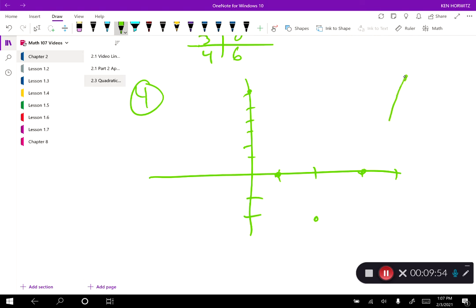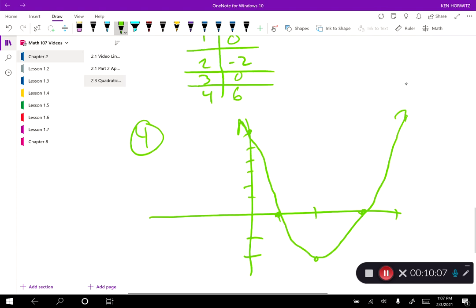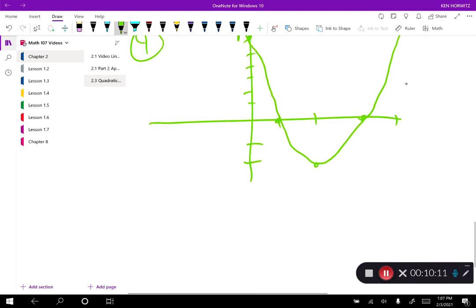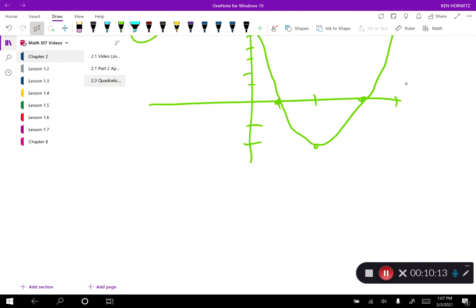And then you come down. Do the best you can. I am not the greatest drawer. But you notice that I have all the appropriate work to show all of my points. All right. It is a more direct way of doing it rather than just a matter of guessing and checking.